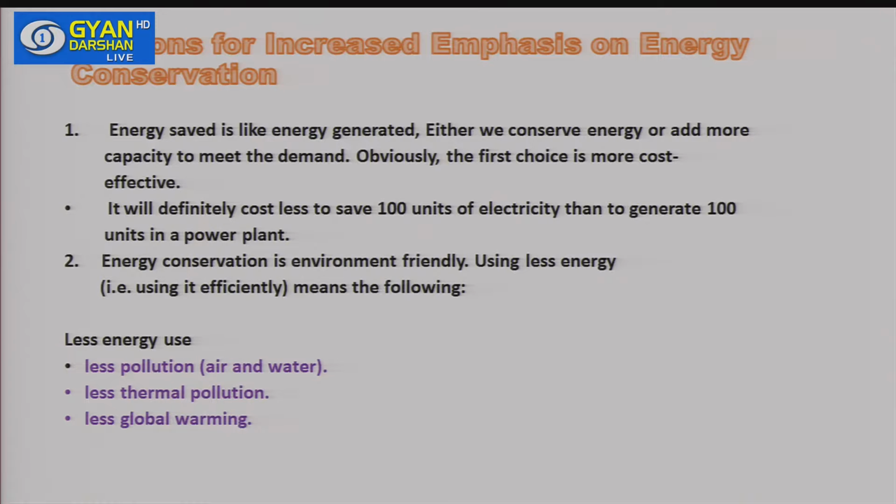And then whenever energy is produced or generated, much pollution is there. So if I am using less energy or using energy efficiently, it means that I am helping in reducing the pollution. I am reducing thermal pollution. I am less responsible for global warming also.